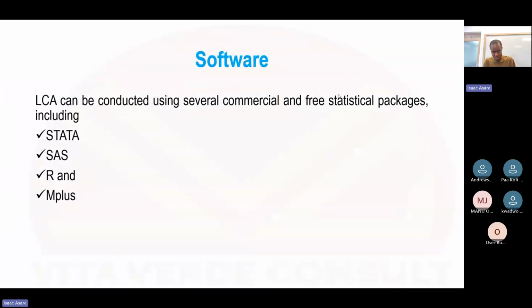So that is something that we should take note of. R is all the time free for you, right? But as I said, if you have money and you can get the M Plus, it's also good. It can help you to do some of these things with ease, right?